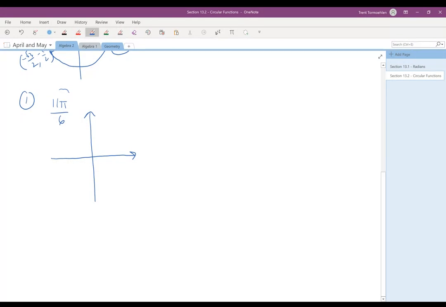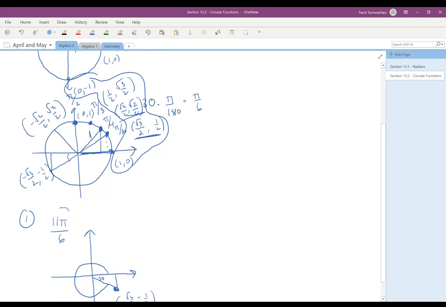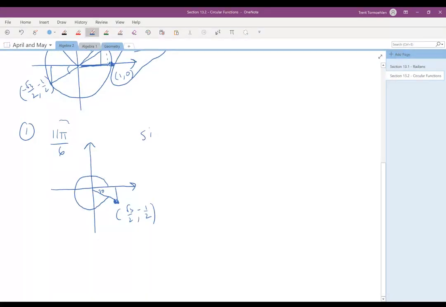And so that is an angle that looks like this all the way around till I get to here, right? And so what is this coordinate going to be? Well, this reference angle is 30, or pi over 6. The y value is the smaller one, so it's √3 over 2 for x and 1/2 for y. The y is negative because we're in the fourth quadrant. And so using my table up here, the sine of 11 pi over 6 is just equal to the y value, which is negative 1/2.